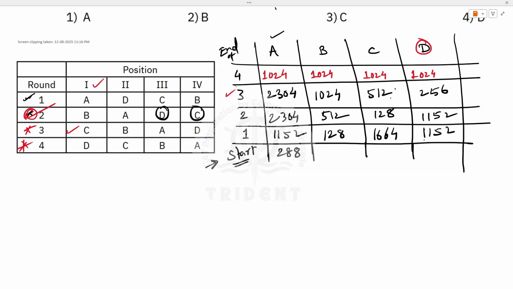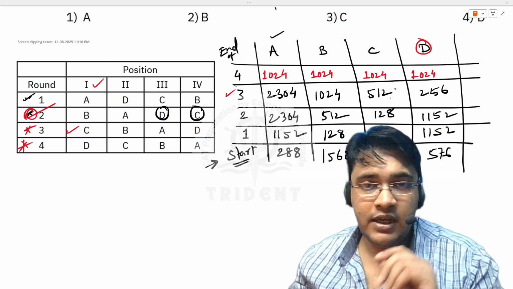Sorry, D is position 2. D is position 2. So half of 1152 is 576. Then C is position 3. That means it remains as it is, 1664. And whatever the balance is, we find that out over there. That is 4096 minus the other 3. So that is 1568. This calculation was something that you needed to do. Otherwise, it would have become very difficult.